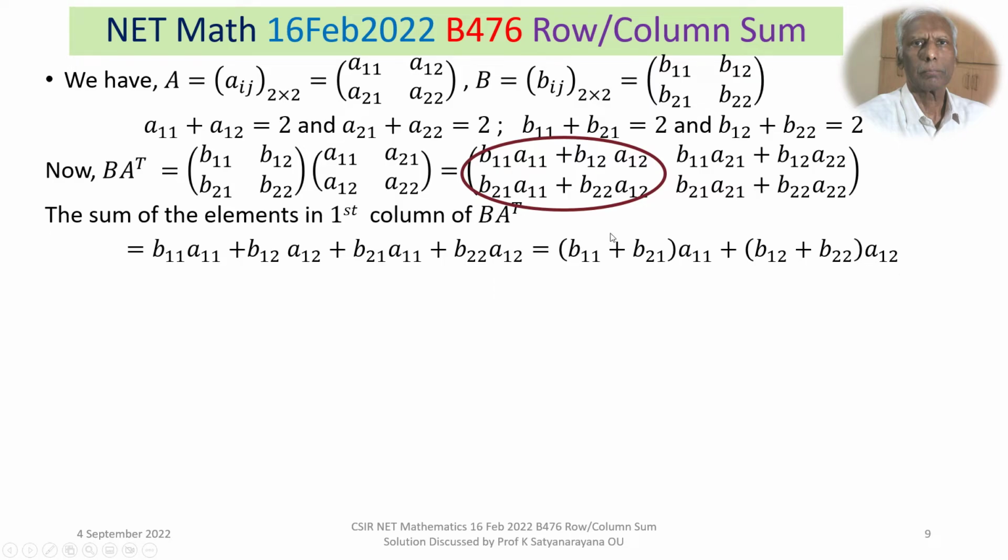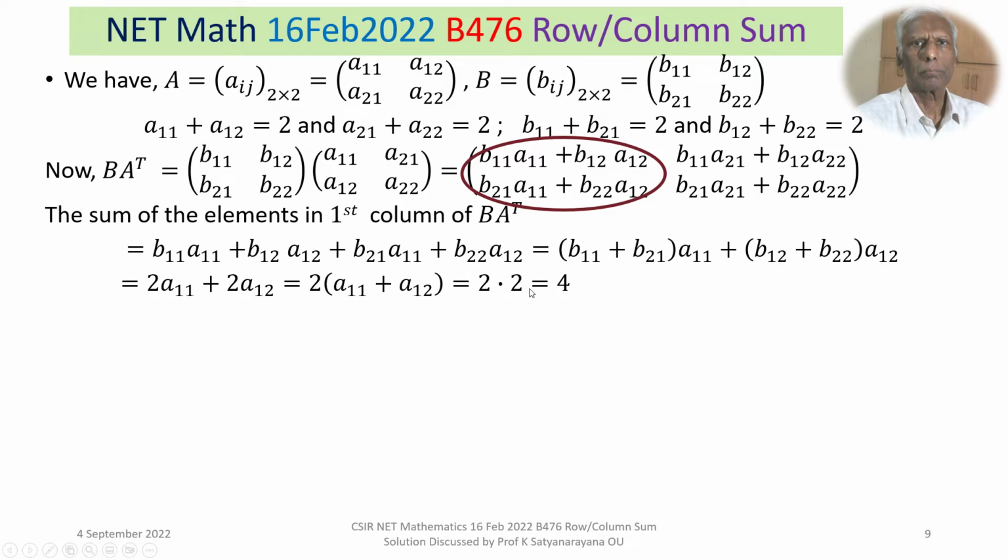And we know B11 plus B21 is what? The first column sum is 2. And B12 plus B22, the second column sum, is 2. So that is 2 times A11 plus 2 times A12. Take 2 common, it is A11 plus A12, the first row sum, which is 2.